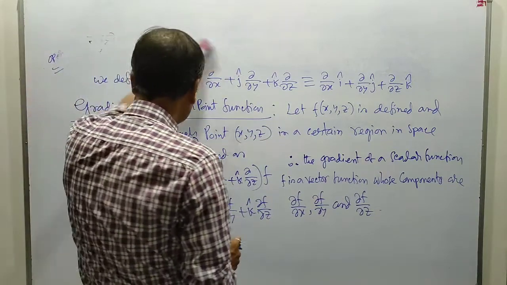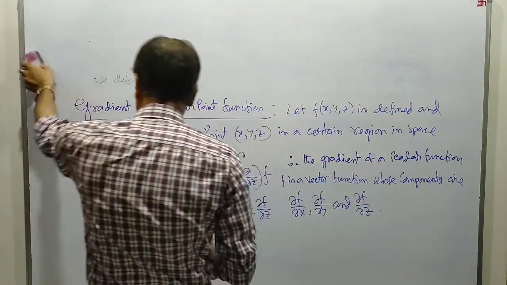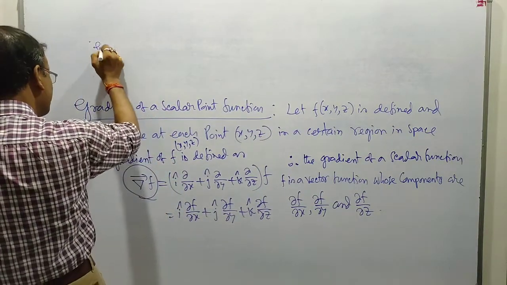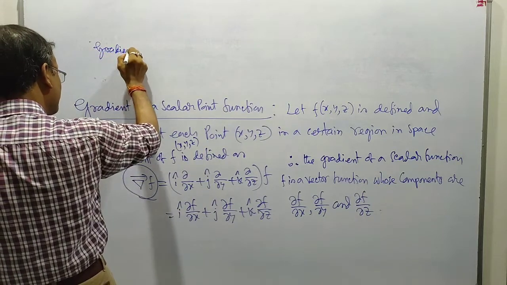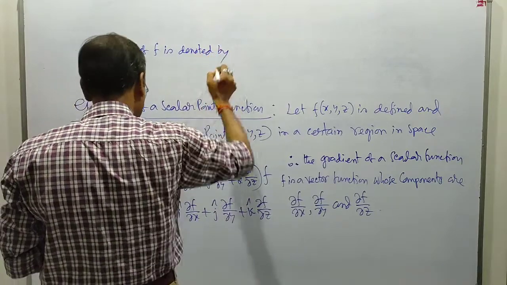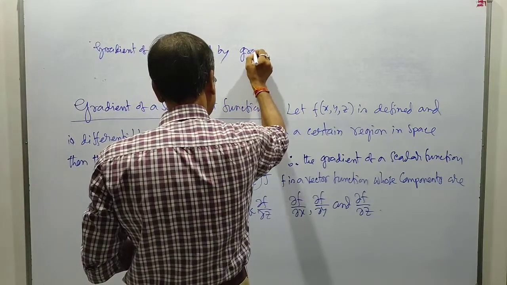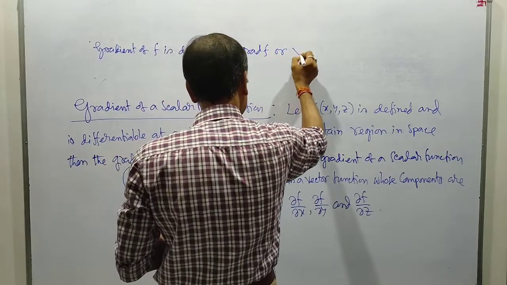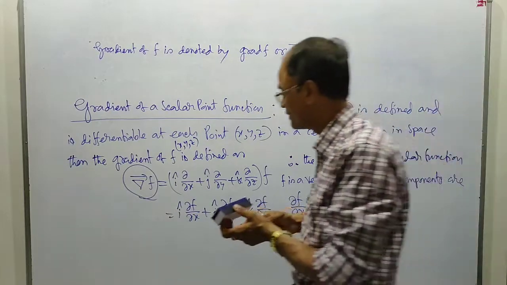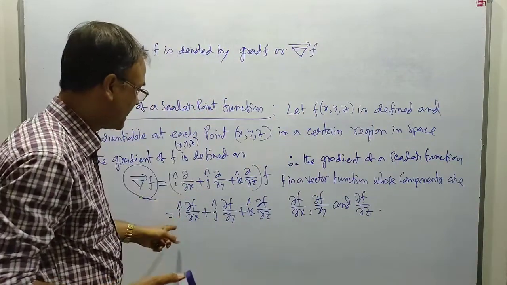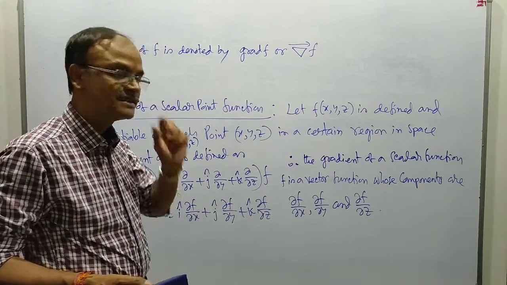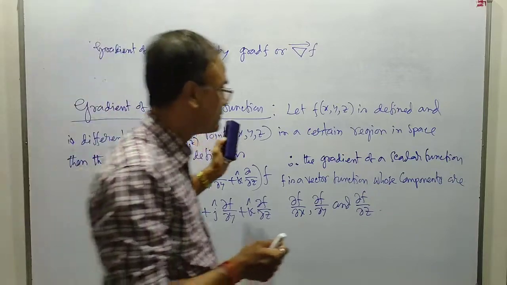Gradient f is generally denoted by grad f or by the nabla notation. It is nothing but i cap del f by del x plus j cap del f by del y plus k cap del f by del z. Perhaps you have understood this.